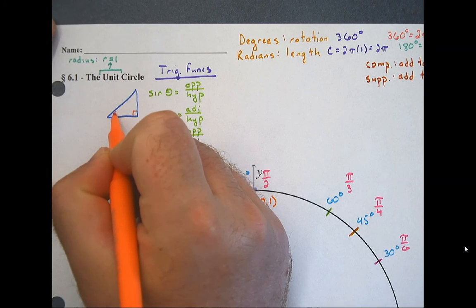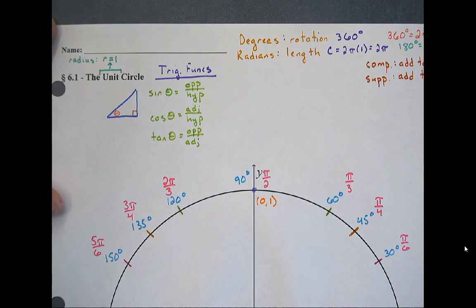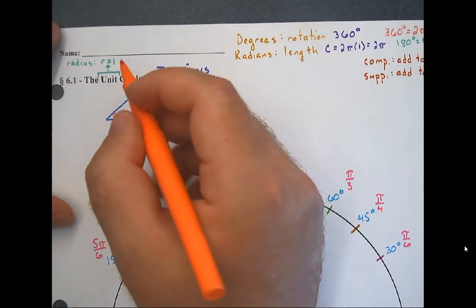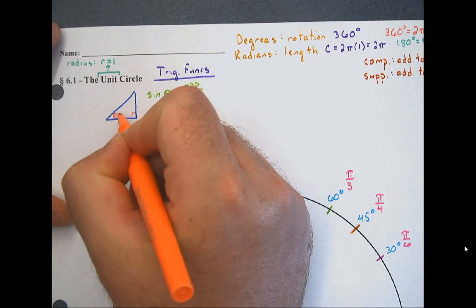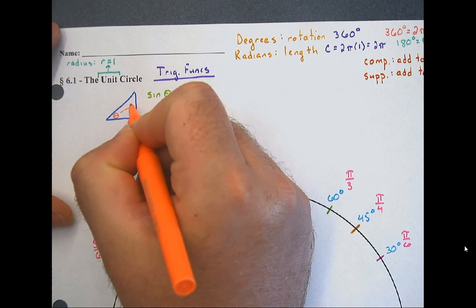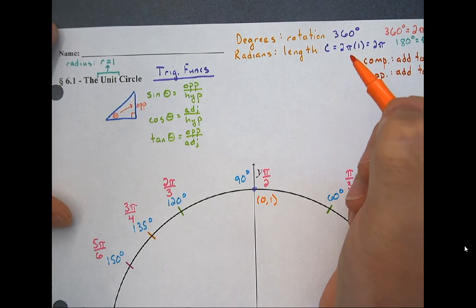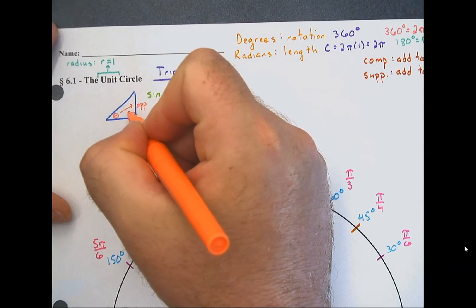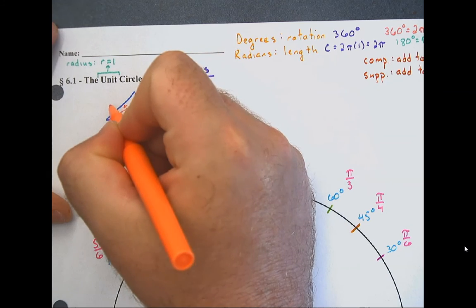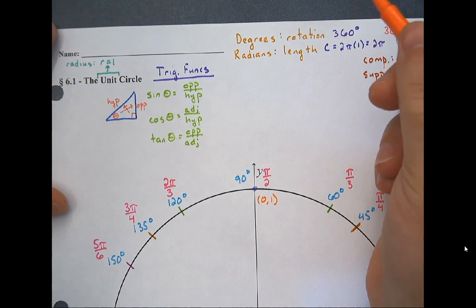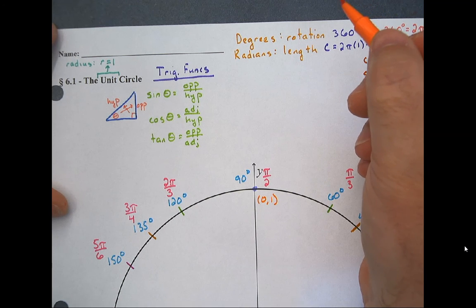We have to pick one to be our reference angle, so I'm going to choose that angle to be theta. Then we can label the sides from here. If you go from the reference angle and go opposite, that's the opposite side. If you go to the 90-degree angle and go opposite, that's what we call the hypotenuse. And then the third side length is called the adjacent side.